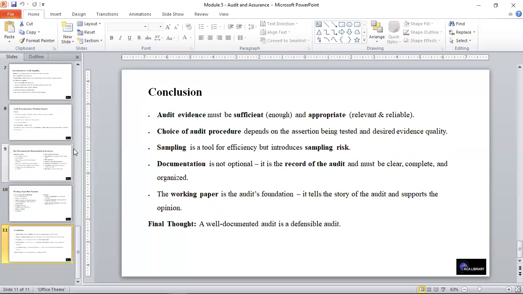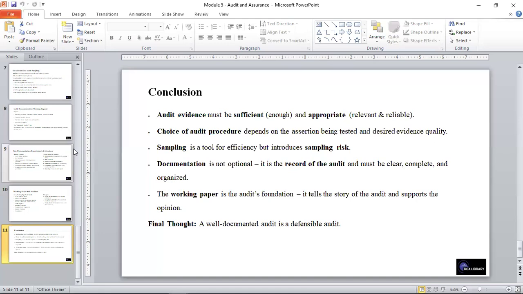In conclusion, audit evidence must be sufficient, that is enough, and appropriate, relevant, and reliable. The choice of audit procedure depends on the assertion being tested and the desired evidence quality. Also, note that sampling is a tool for efficiency but introduces sampling risk, and documentation is not optional. It is the record of the audit and must be clear, complete, and organized.